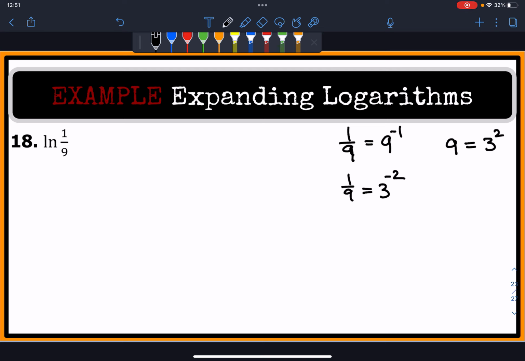So let's use that. But this has multiple correct answers, because there are various ways to write the number 1 over 9 with an exponent. So if we use this substitution for 1 over 9, I can expand it by pulling this exponent to the front and getting this. We end up writing negative 2 times the natural log of 3. That's one possible correct answer.